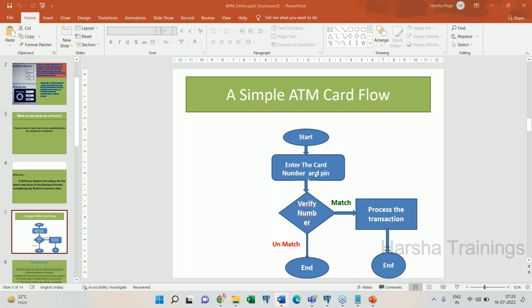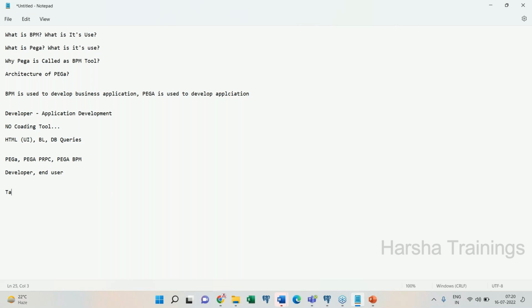So each step is called a task. What do you call it? Task. Look at here, the terminology is also most important. A task is a specific step that you perform in the overall work. So work is what? Work is the entire business transaction.